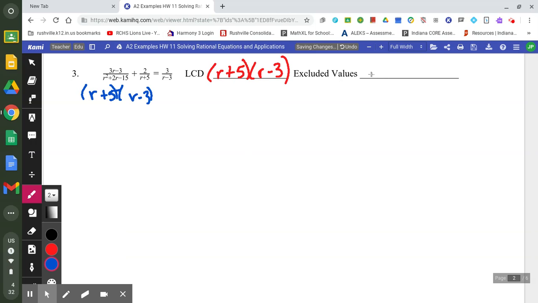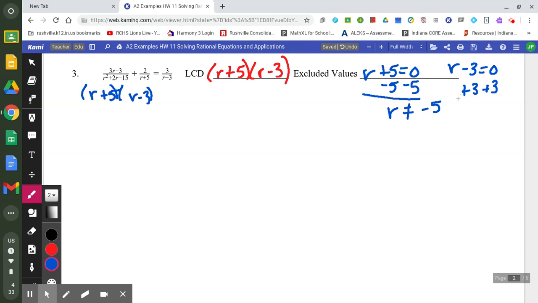To find my excluded values, I'm going to take my denominator with a variable, solve it for the variable. So r cannot be negative 5. I'm going to take the other one, and r cannot equal 3.